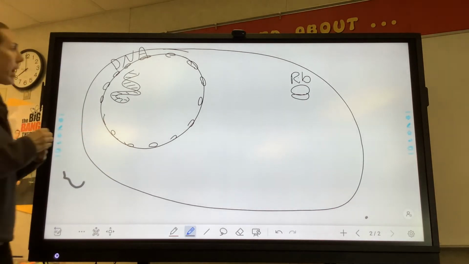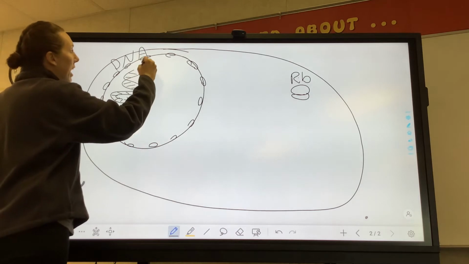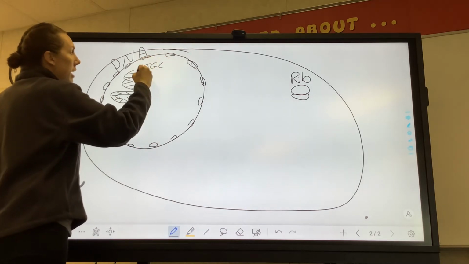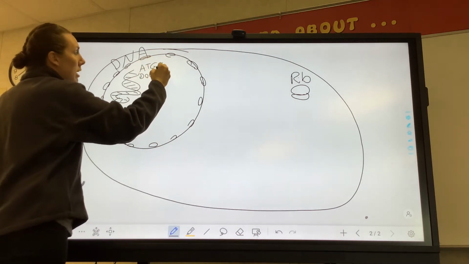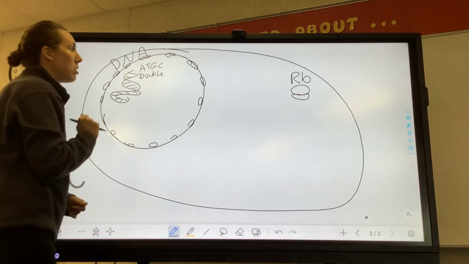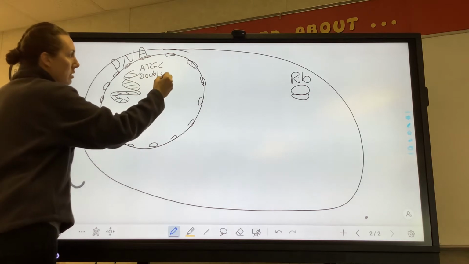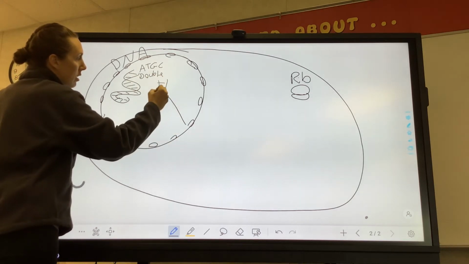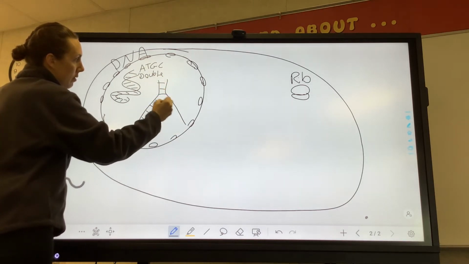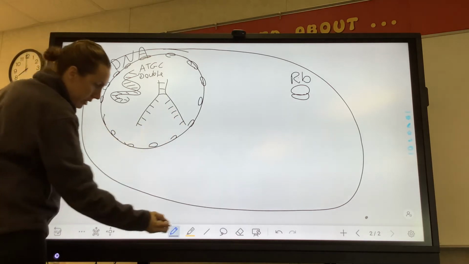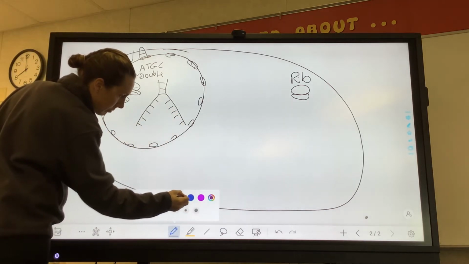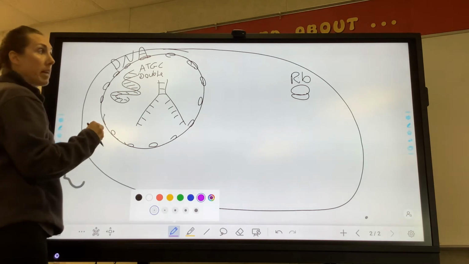Good. So what happens is DNA is made up of A, T, G, C. It's double, meaning it has two sides, and it's always in the nucleus. So what happens is DNA opens, but instead RNA bases come in.